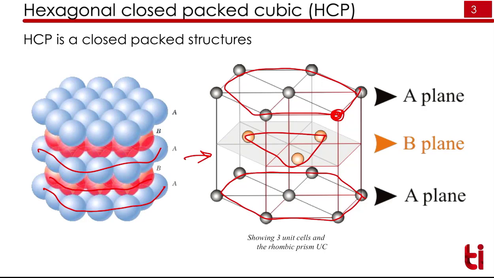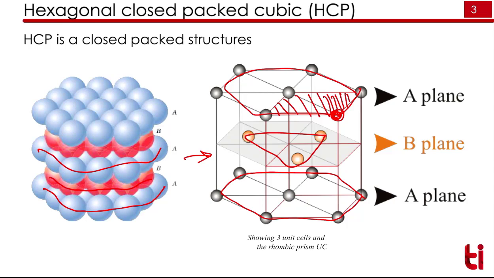This is made of 3 rhombic prism unit cells. Rhombic prism means it is a kind of rhombic structure. So this is one rhombic prism unit cell. In this way there are 3 rhombic prism unit cells that will give you the hexagonal unit cell.